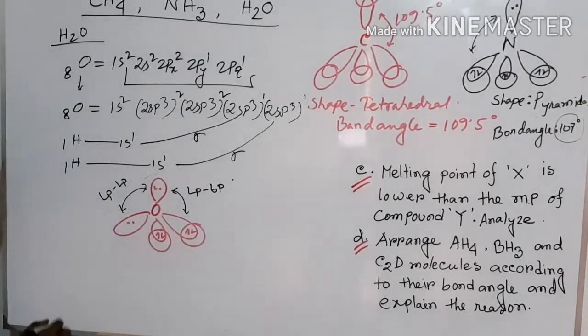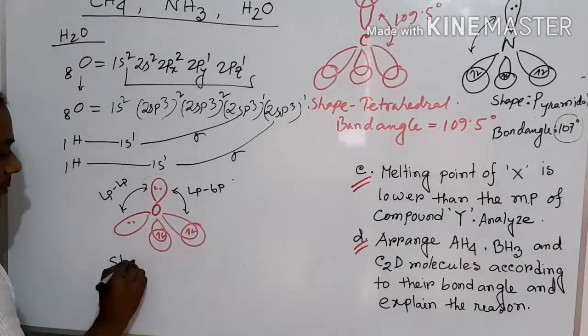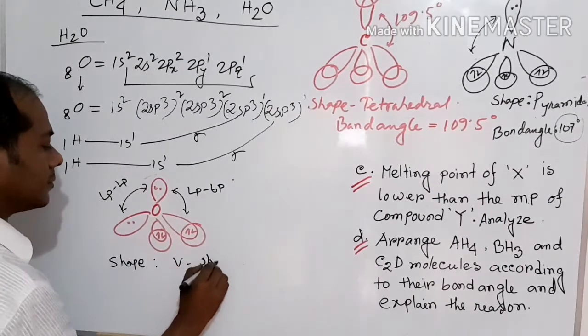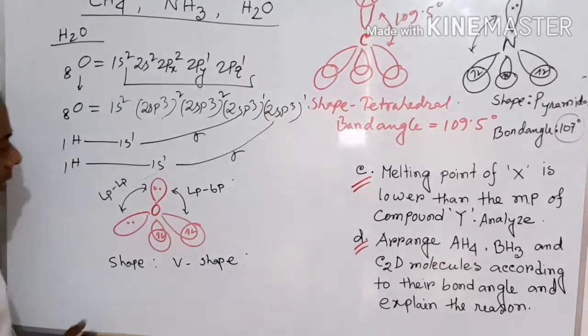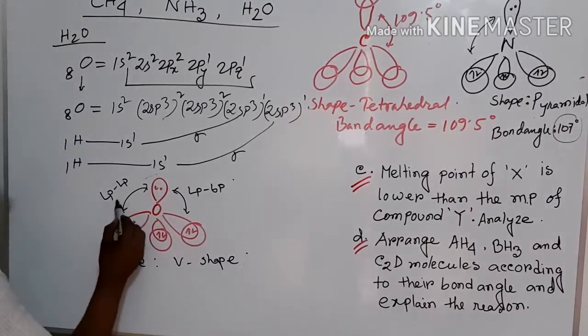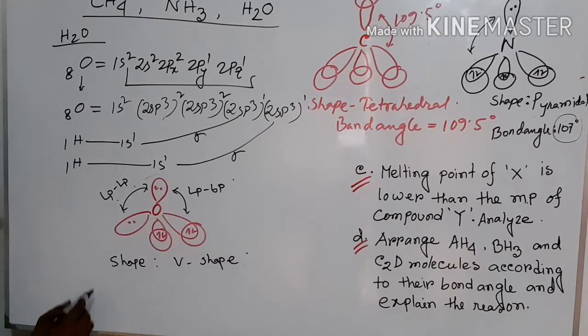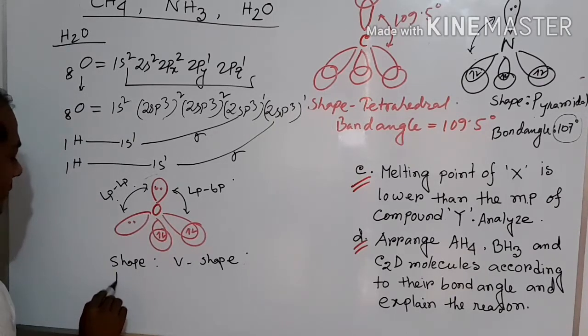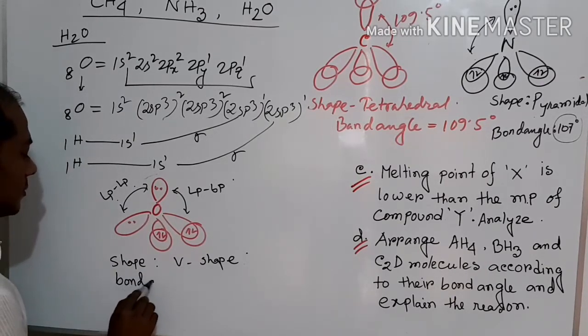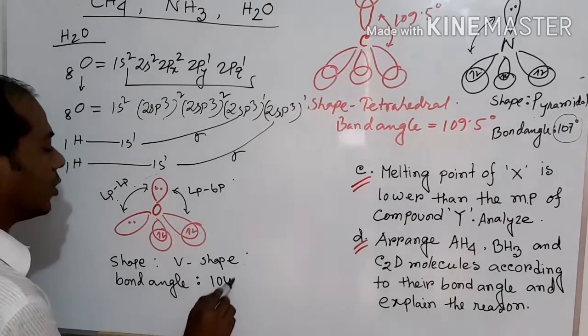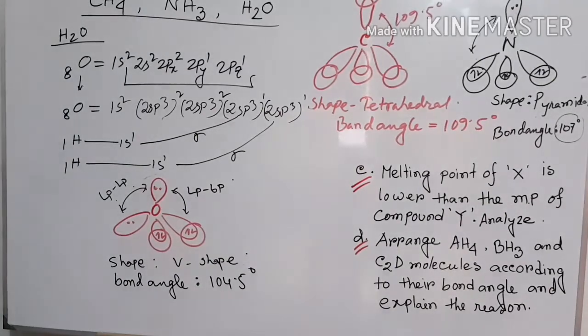So the shape is V shape, and due to lone pair-lone pair repulsion and lone pair-bond pair repulsion, the bond angle is 104.5 degrees.